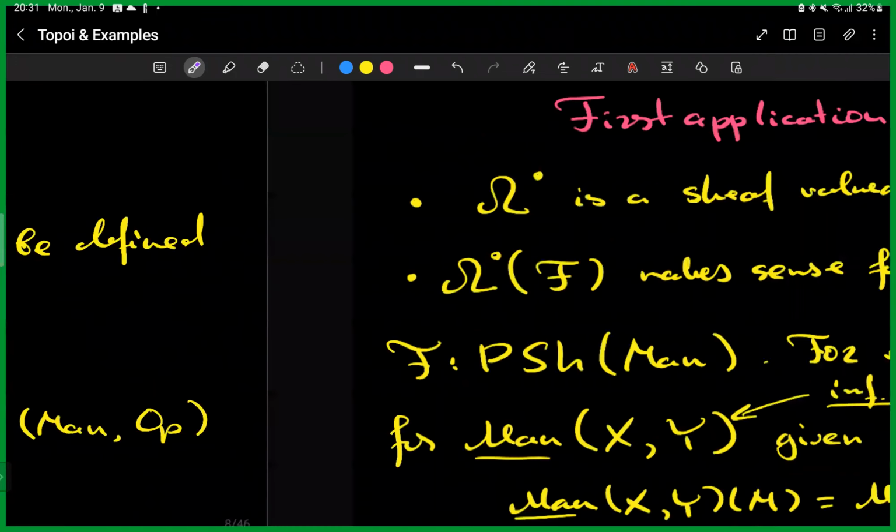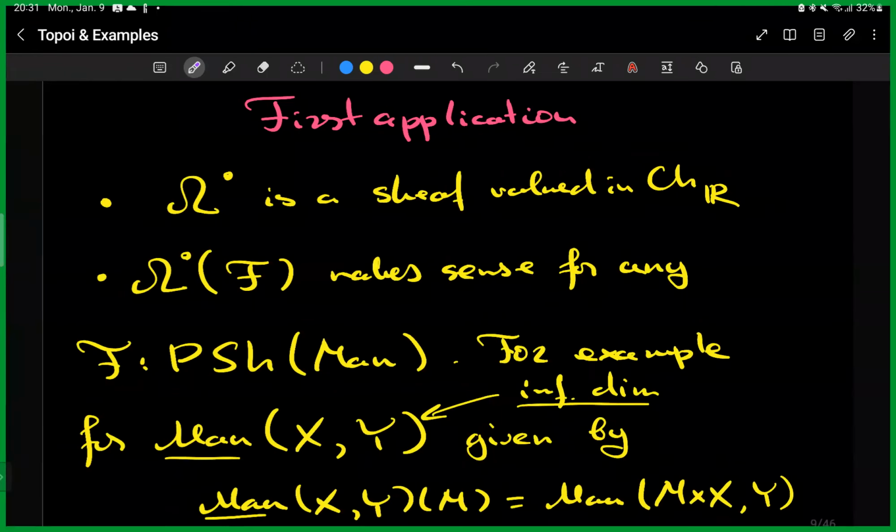But actually, we can deduce something from the fact that this is a sheaf on a category of manifolds. So first of all, since it is a sheaf on a category of manifolds, it makes sense to take the values of this sheaf not only on manifolds, but actually on arbitrary sheaves.